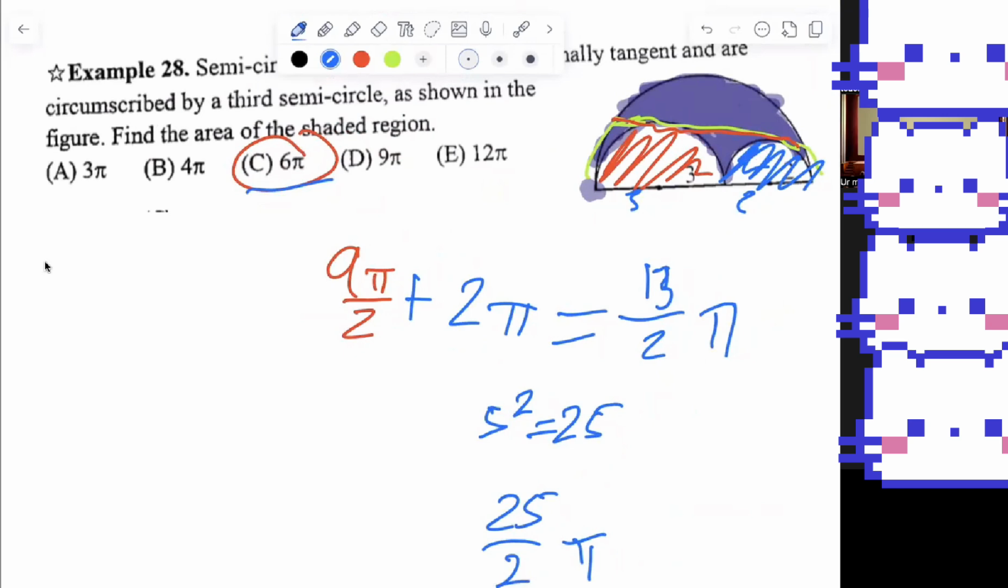Another way we could have done this is actually to make this bigger. Complete this.